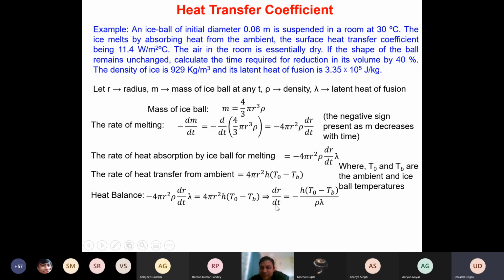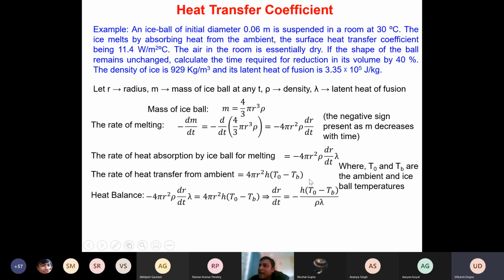So this dt I can take on the right hand side and we will have a dR here. So dR I am going to integrate from R0 to, let's say, R. Initially I had R0 and over time it is going to change to R. So I am anyway integrating this area. Does it make sense?